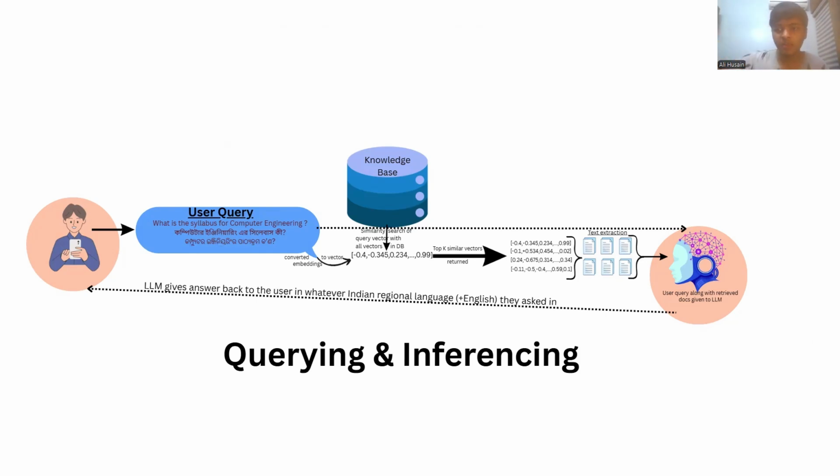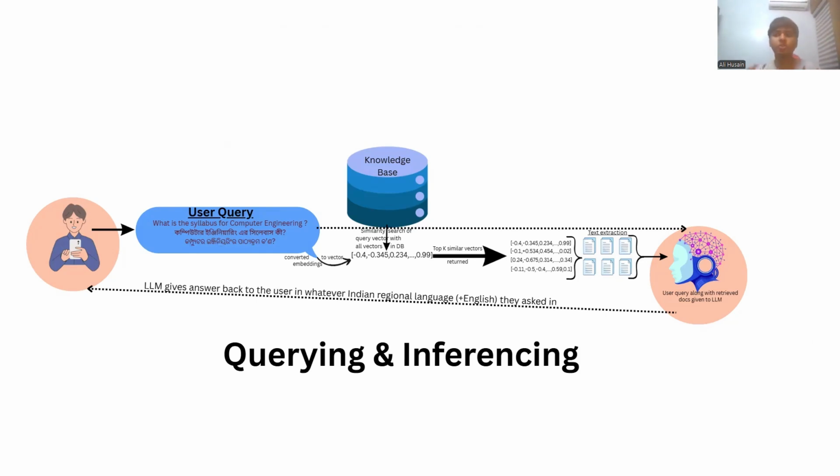Now these chunks are given to the LLM, which in our case is a multilingual LLM, and our embedding model is also multilingual. So both of these processes would be multilingual, and the LLM would receive chunks of computer syllabus, and it would also get the user query in Odia or whatever language they wrote in. After that, the LLM would give the answer back in the same language.